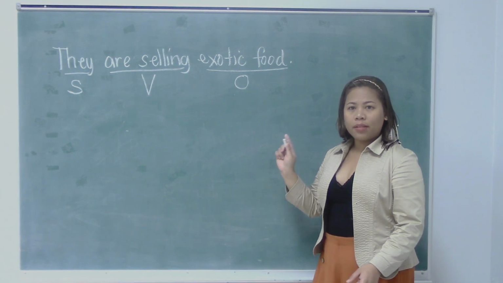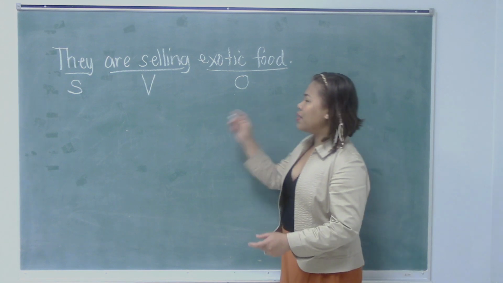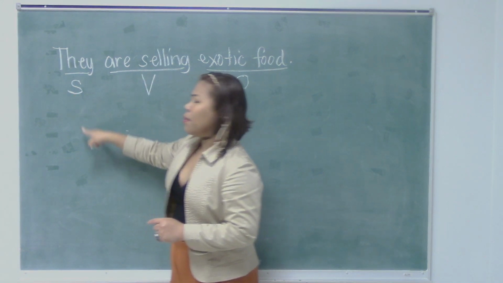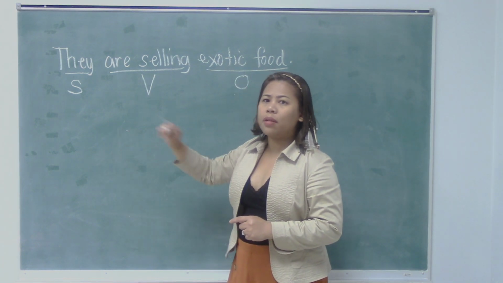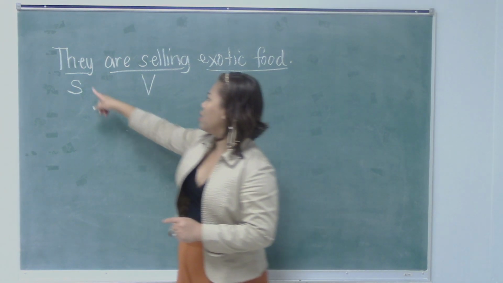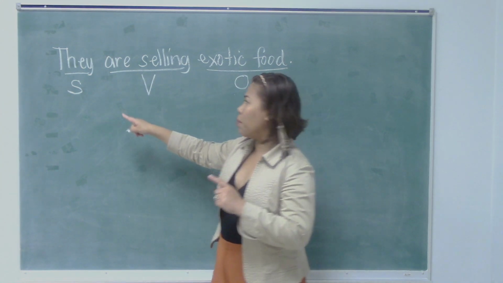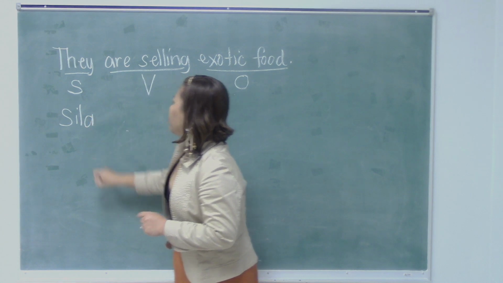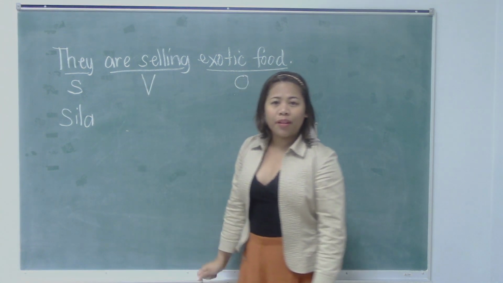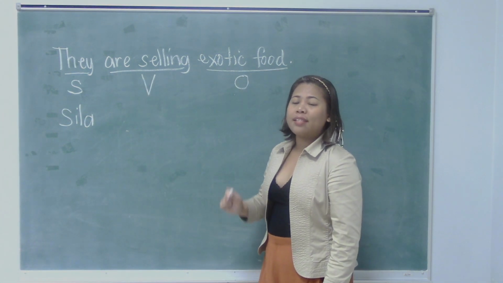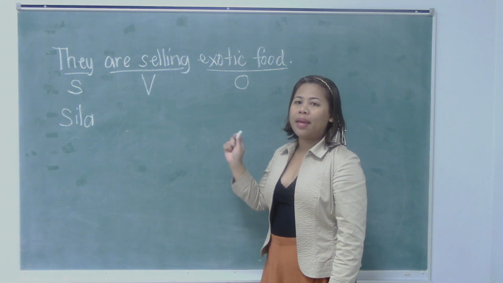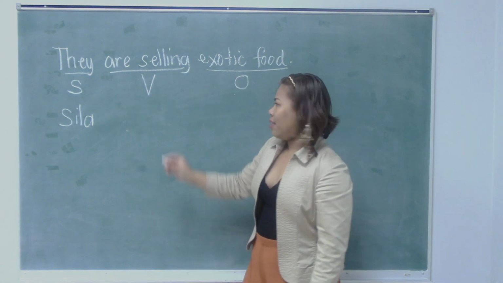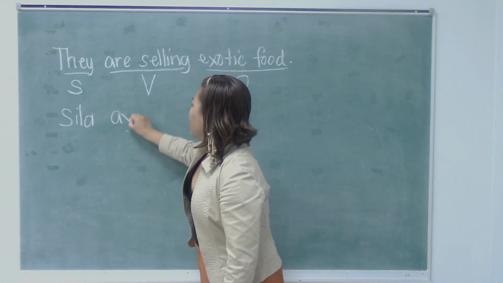If I'm going to translate this in Filipino, I'm going to translate it word for word first. So they means sila. If you can still remember in our past lessons, I always use this subject. So it's a pronoun, sila. And remember, our linking verb, whatever it is, are, am, was, were, it would always be ay. Sila, ay.